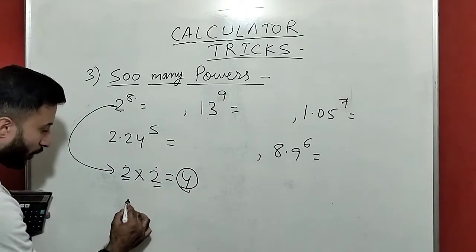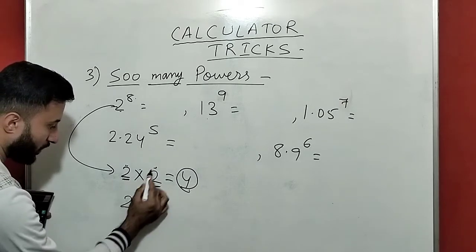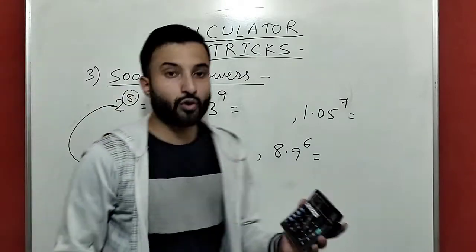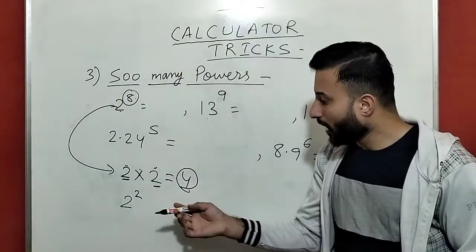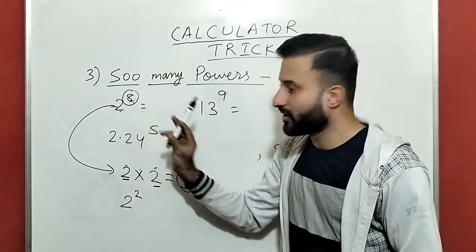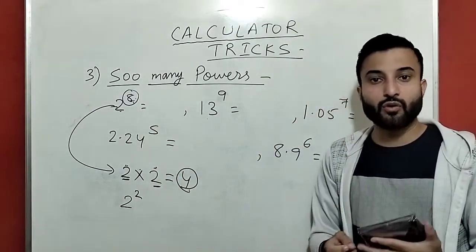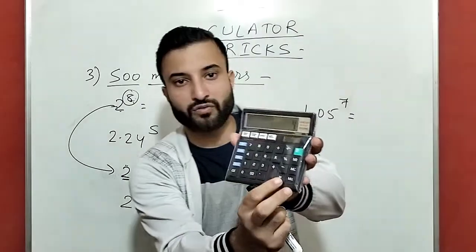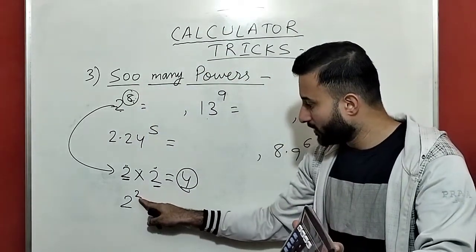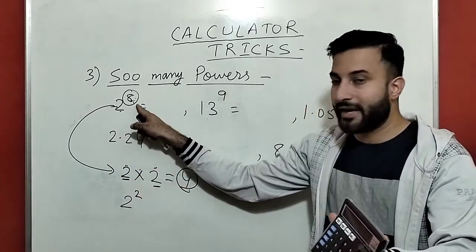So this is 2 power how many times? 1, 2. But we have to go till 8. Now we have still 6 to go. In the calculator the equal to sign is there. 2 times happened, you have to go 8.